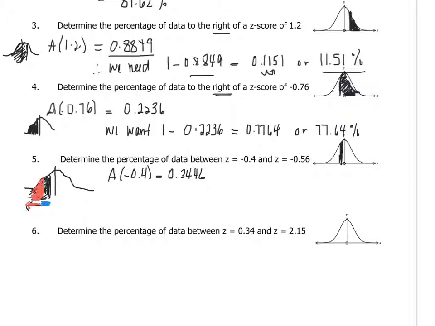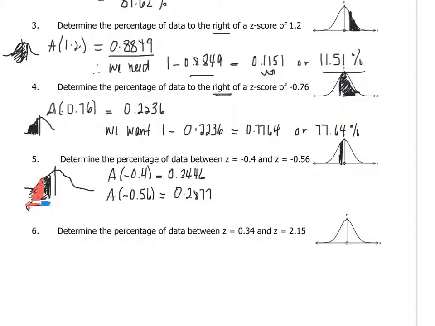0.3446, and then we want the area under the curve for negative 0.56, so that will be negative 0.5 in your first column, and then go along the row till you get to the 0.06, which is 0.2877.